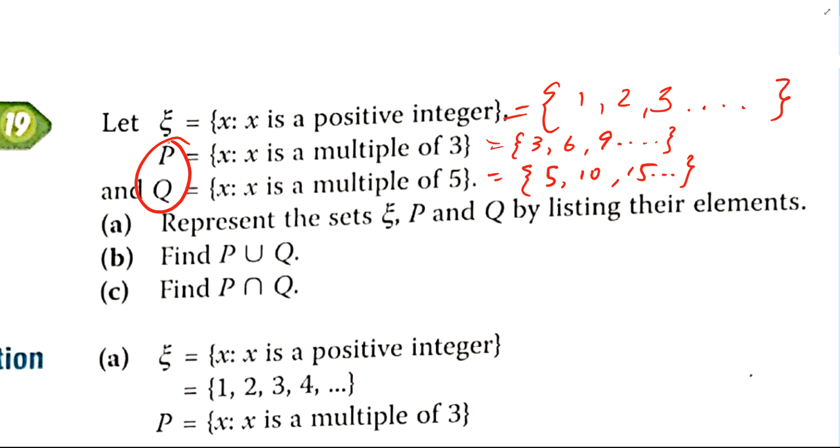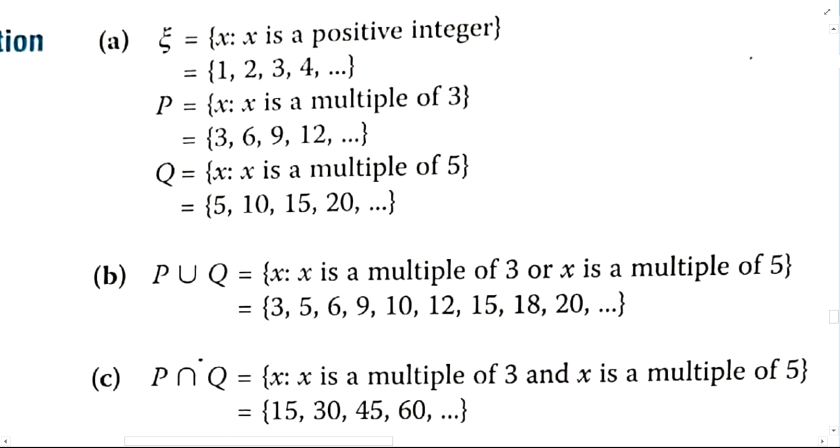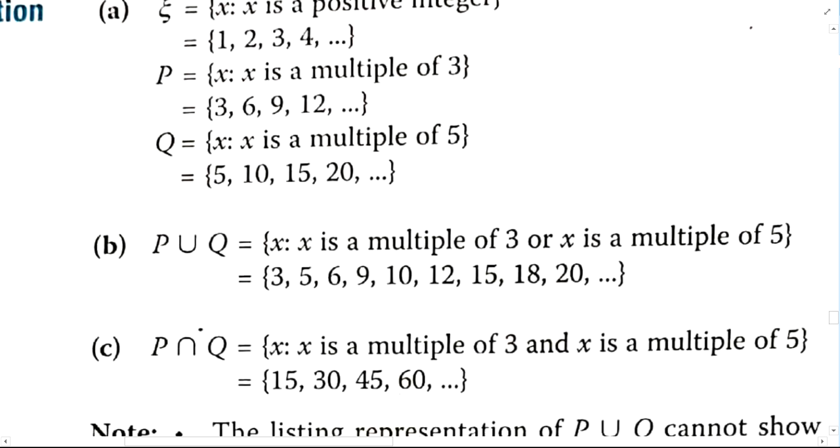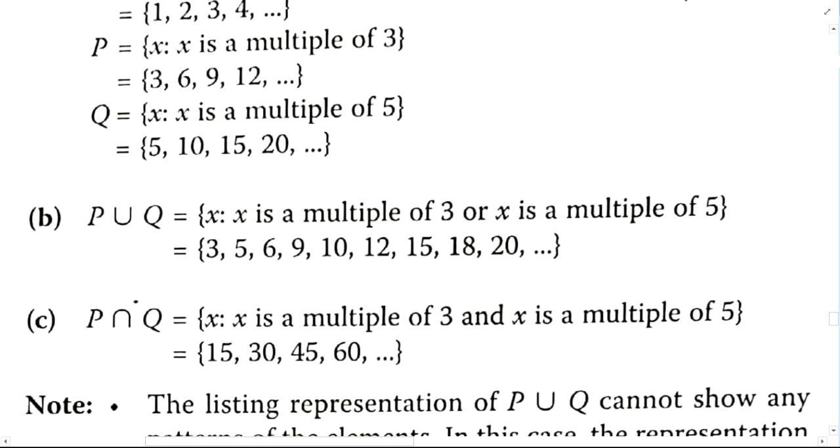All multiples of 5 and all multiples of 3. If they put like multiples of 5, multiples of 3, you don't need to state everything out. In this case, they want a union, so you can write it out in words. The elements are x, where x is a multiple of 3 or x is a multiple of 5. I think just now when you said the answer, you said a multiple of 3 and a multiple of 5.